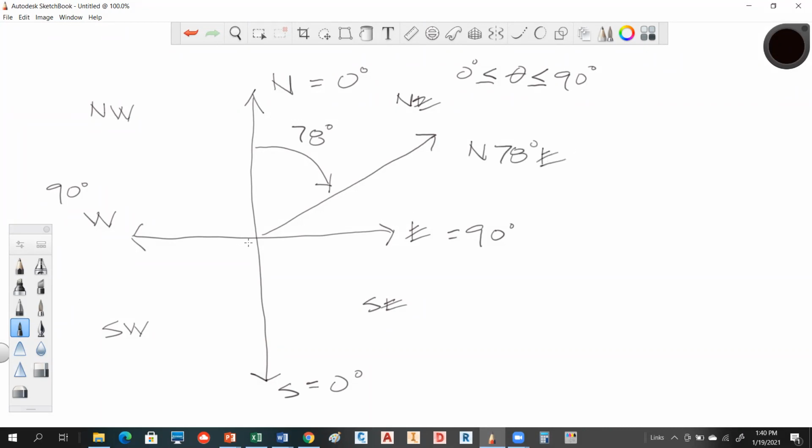The other thing we can do is if we extend this line into this quadrant as a straight line, notice that the angle here and the angle here are the same, by alternate interior angles. So what we're saying is that a northeast bearing is equal to a southwest bearing, but they're traveling in what we call opposite sense or opposite direction.